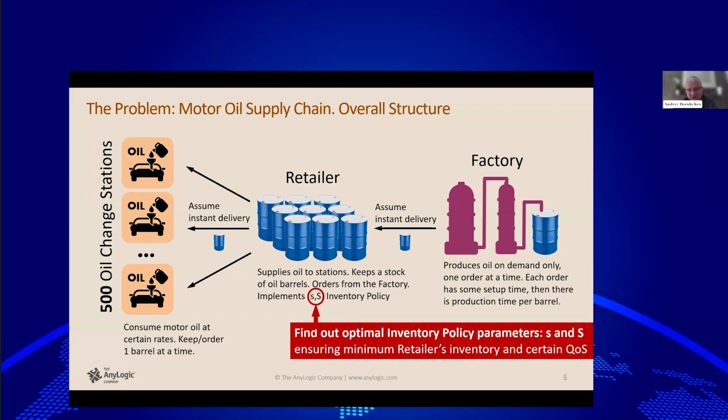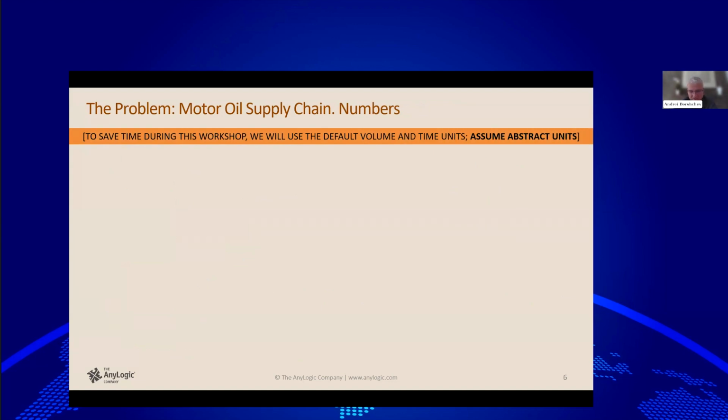And this is the goal of the project. You are to find the optimal inventory policy for me, ensuring that my inventory over time is minimum, and at the same time I provide a certain quality of service to my clients, who are the oil change stations. I will go through the next slide very briefly. Before we go to numbers, which are a necessary part of any problem statement, just a disclaimer for the sake of saving time: we will not be changing units. We will use whatever default volume and time units are in the model.